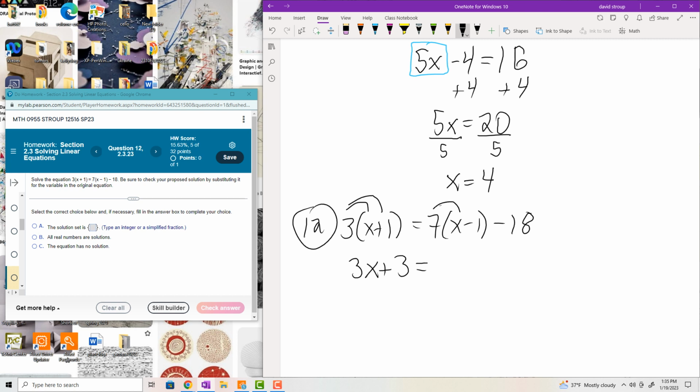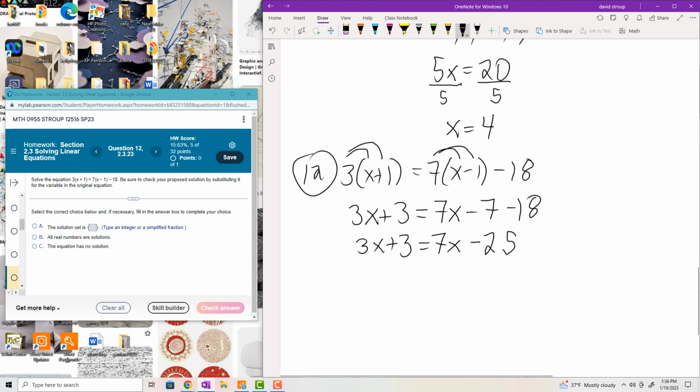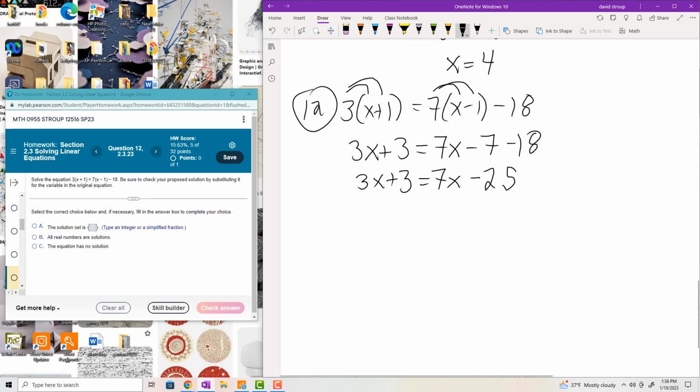And then on the right, I'm going to distribute the 7. Okay. Then I'm going to combine some terms here. So negative 7 minus 18 is negative 25. Now I'm going to get all the variable terms on one side, the constant terms on the other.